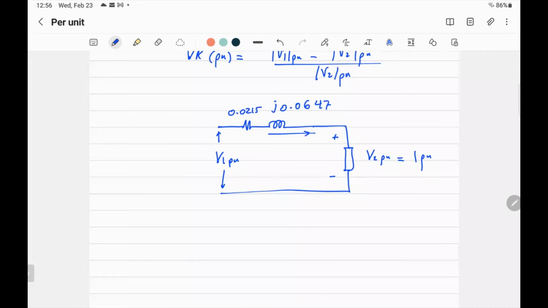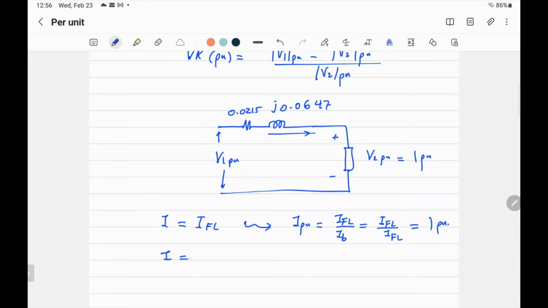Let me write here. If the current equals I full load, what is the current per unit? You will say I full load divided by I base. But in our case, I base is also full load, so we have 1 per unit.